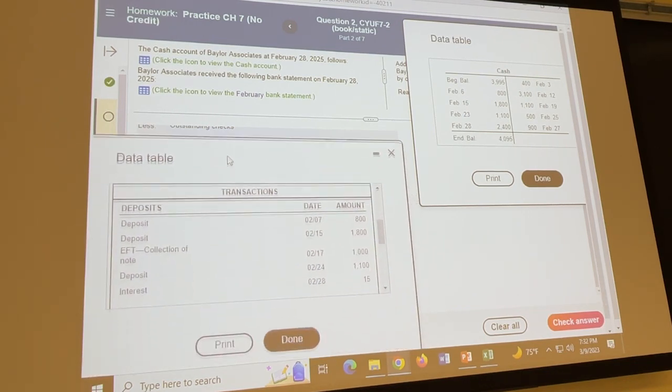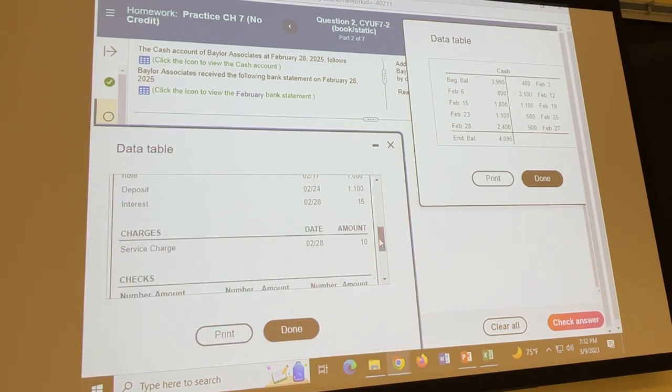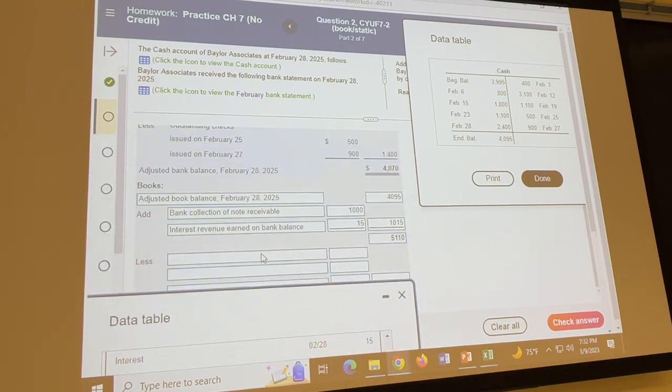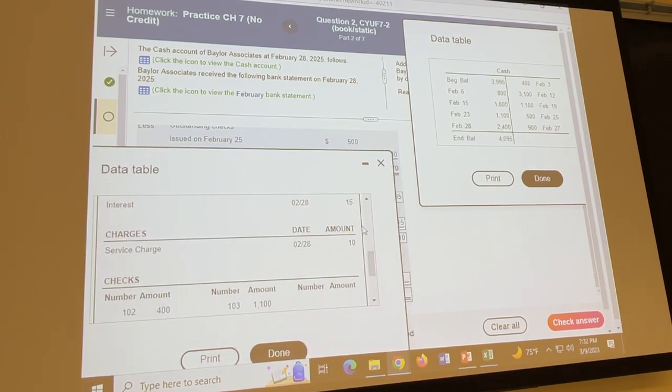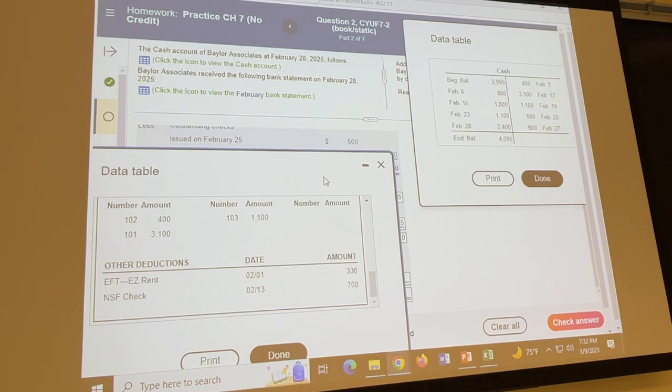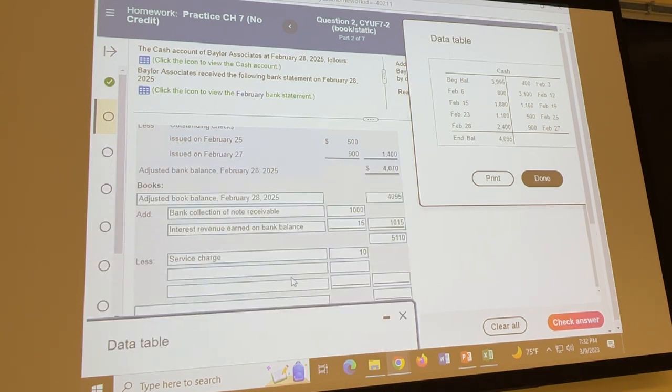And then for what we subtract, looking at the bank statement again, there's a service charge for $10. Service charge, $10. There's an EFT payment of rent for $330.